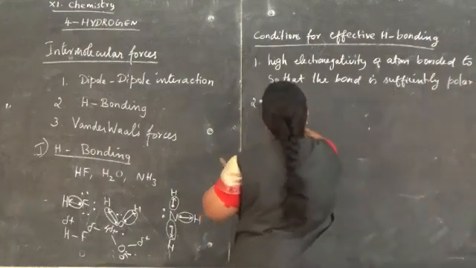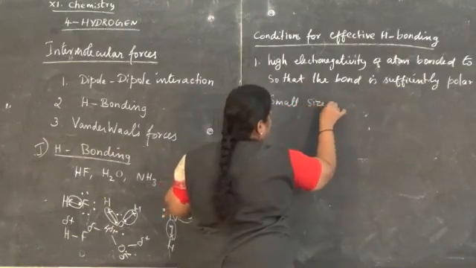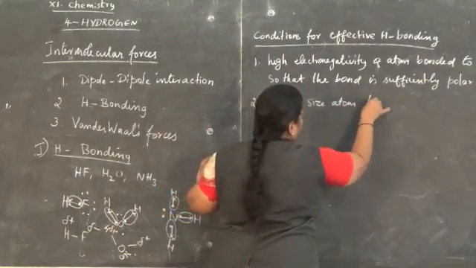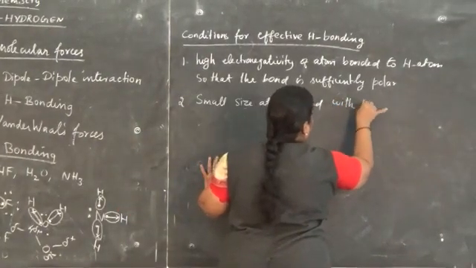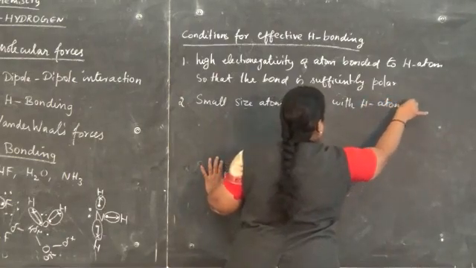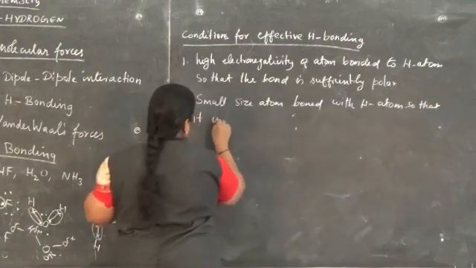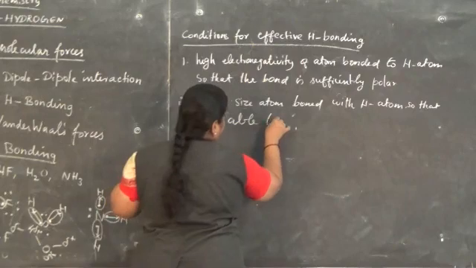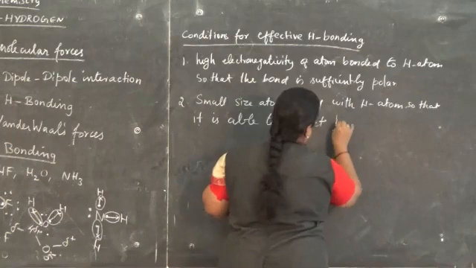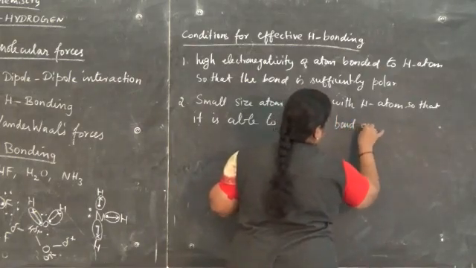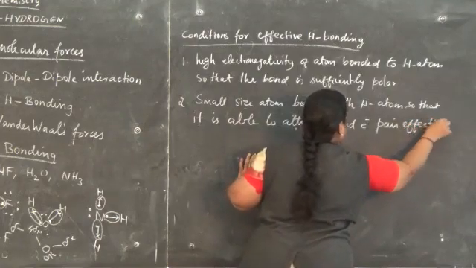Second condition, small size atom bonded with the hydrogen atom, so that it is able to attract the bonding electron pair effectively.